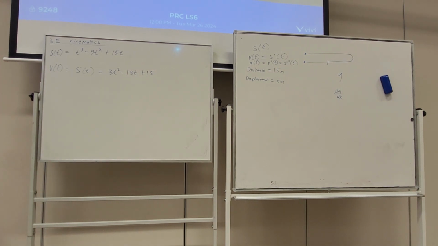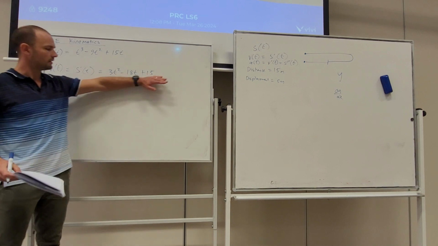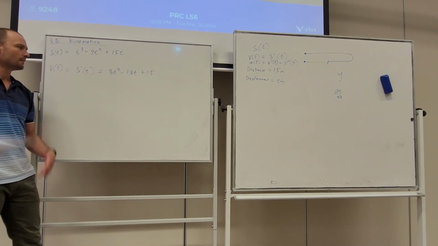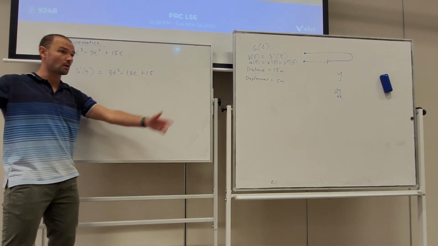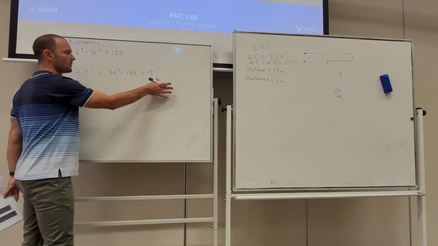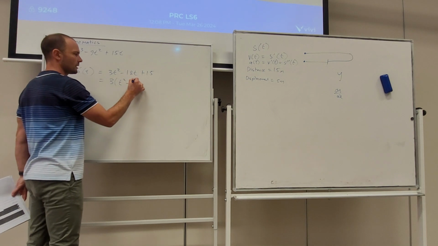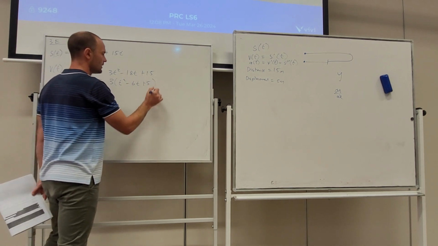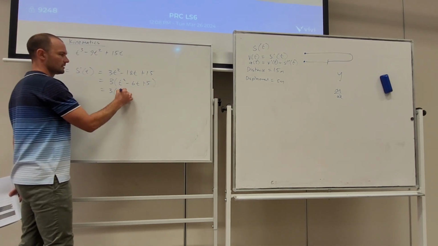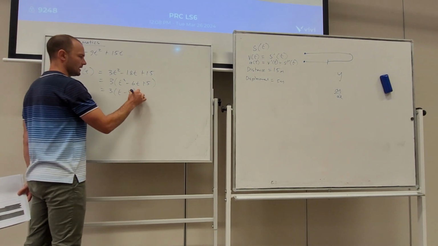And we can go straight to our calculator, but I'm getting you in the habit of performing the mathematics for the sake of doing mathematics, right? For the sake of developing those skills. So if I'm going to factorise this, 3 is common, and I'd have t squared take 6t plus 5, and I could write that as t take 5 and t take 1.